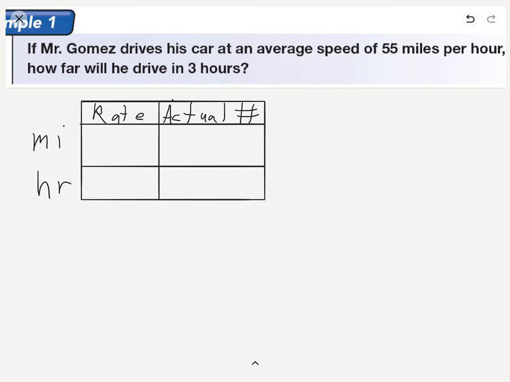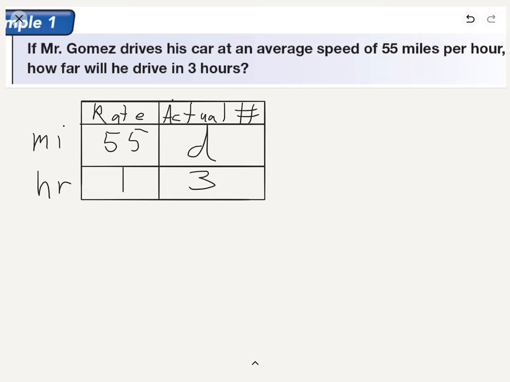So our rate that we go at is 55 miles for every 1 hour. So we have that information. We know how many hours we're going to go. So it's 3 hours. And then the question here, the information we don't have, is what is the distance he's going to drive in those.